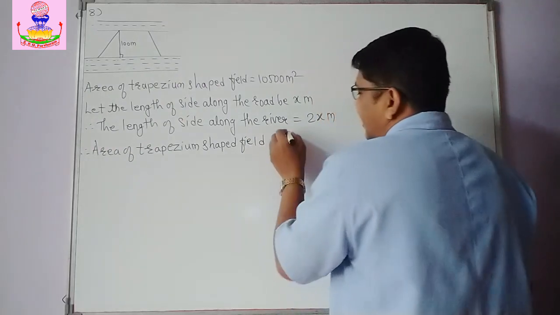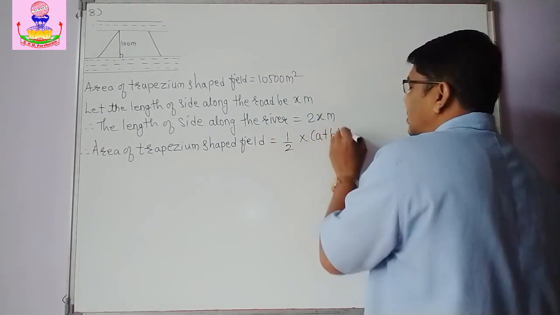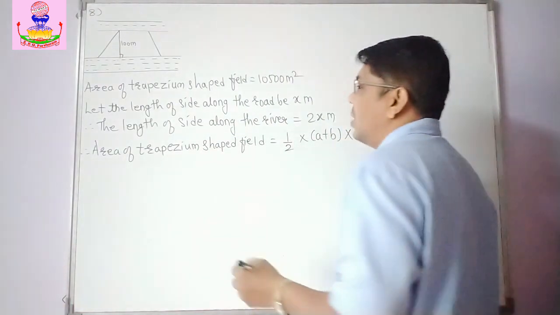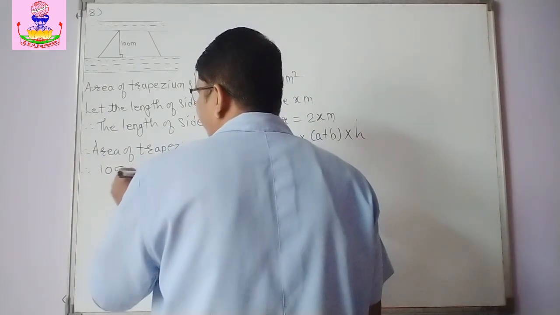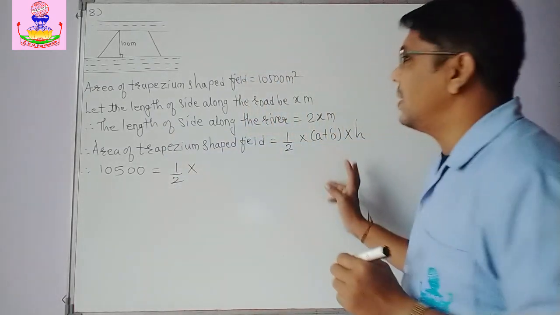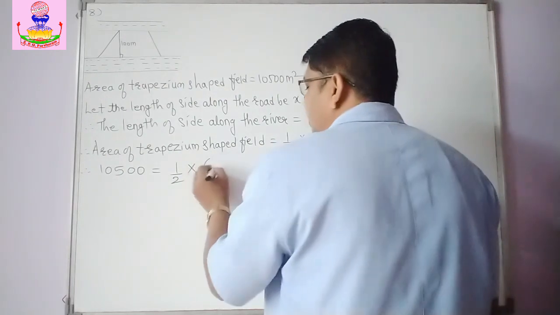Now, area of the trapezium shaped field. What is it? Oh yes, half into A plus B into H. Now do I know the area? Yes, I know. How much is it? 10,500. That is equal to half into A plus B, that is the sum of the two parallel sides.